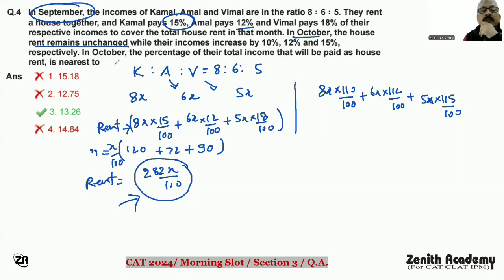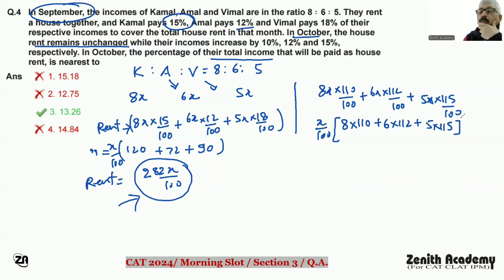So it is their total income. So their total income is this: x by 100 and inside 8 into 110, 6 into 112, and 5 into 115.